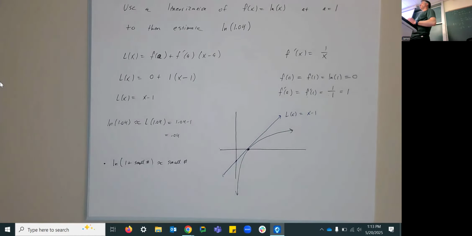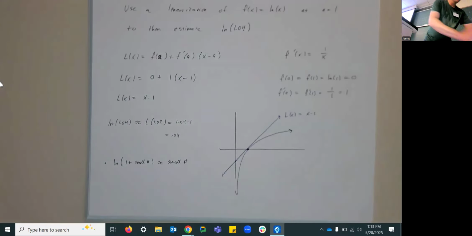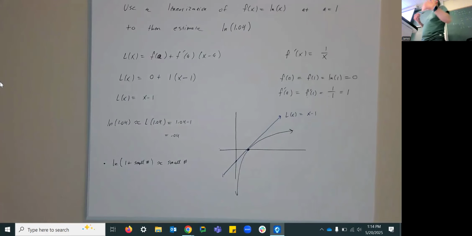So this idea is actually a small piece of a bigger idea that really doesn't show up again until 17C. You could use polynomials of higher degree to approximate these functions.